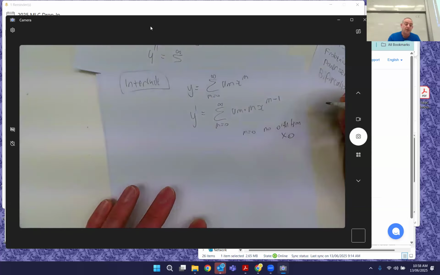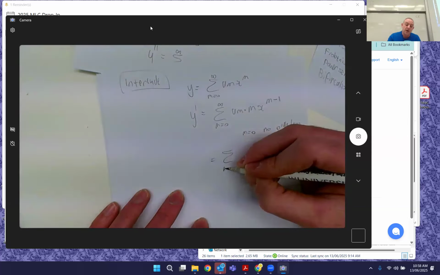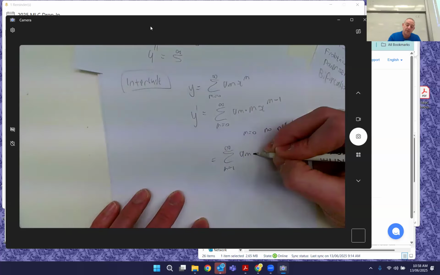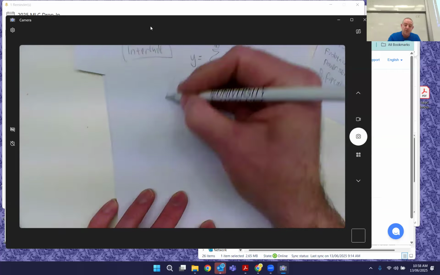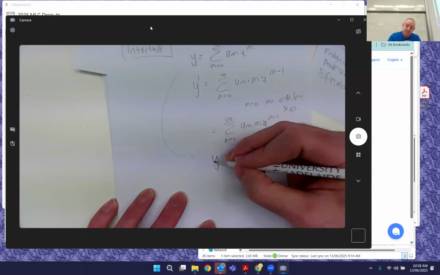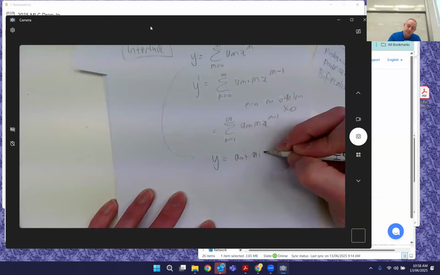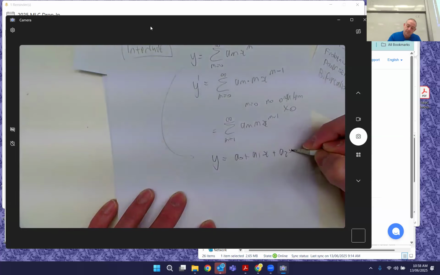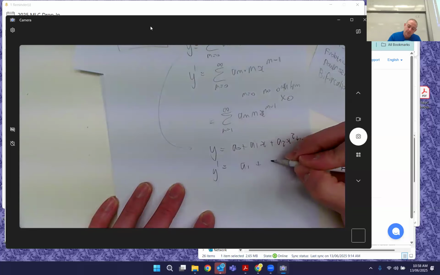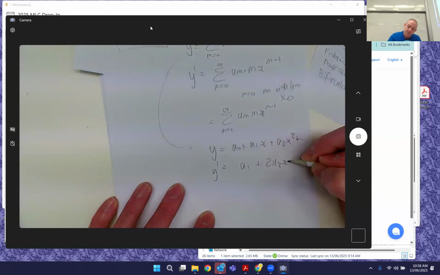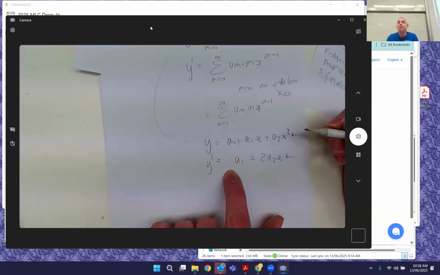And so you could just as easily start at m equals 1 and it wouldn't make a difference. But the other reason is that when you differentiate this thing, literally this first term just vanishes entirely. And that's the main reason why we do it.